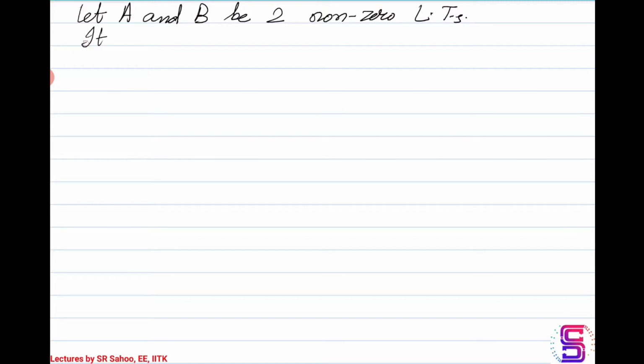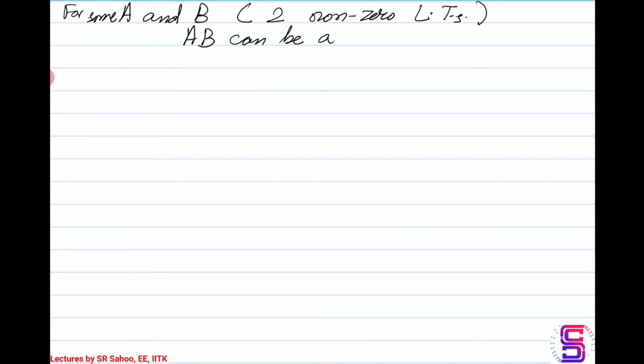In addition to this, for some A and B, which are two non-zero linear transforms, the product AB can be a zero transformation.